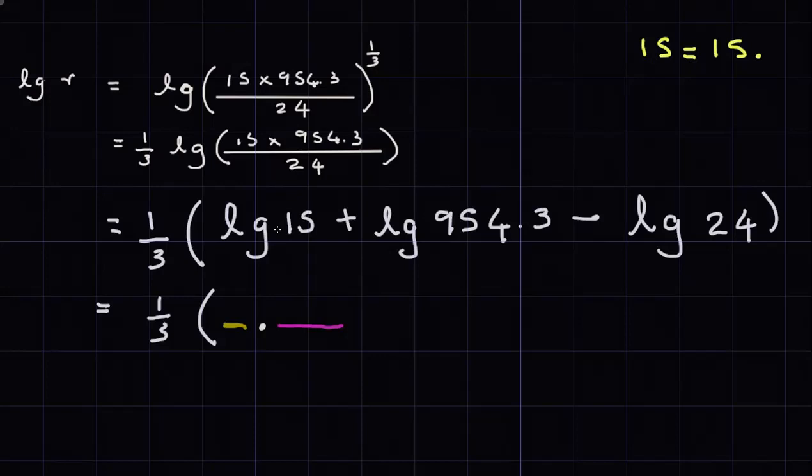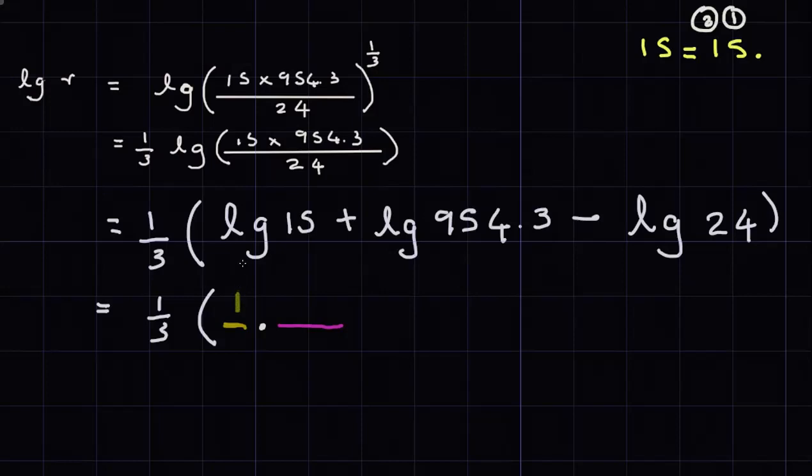So now how do you decide the characteristic, or what should come to the yellow blank? See, before the decimal point, how many digits are there? That's 1, 2. So what would you write in the yellow blank? There are 2 digits, then you reduce 1. When you reduce 1 from 2, what do you get? 1.